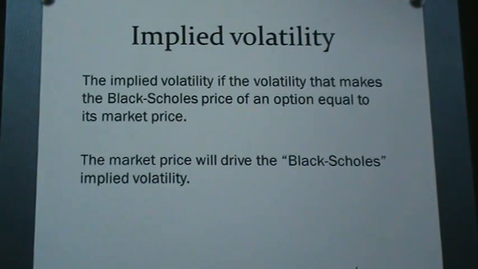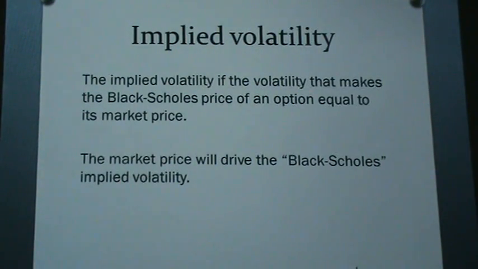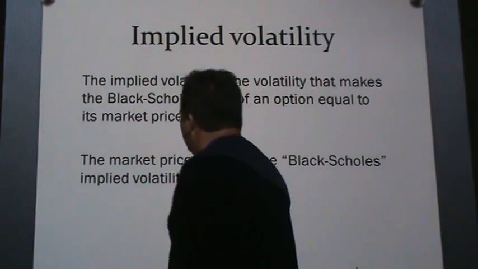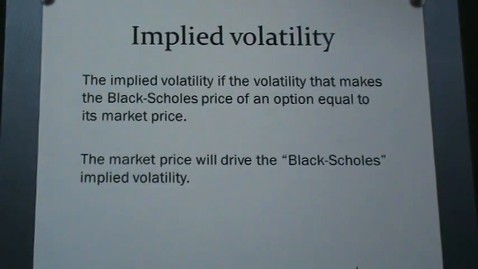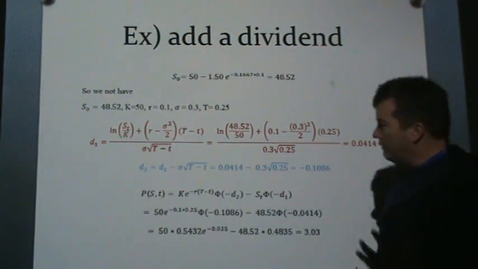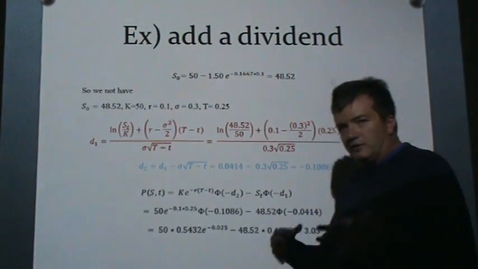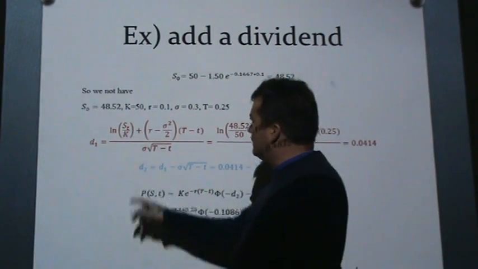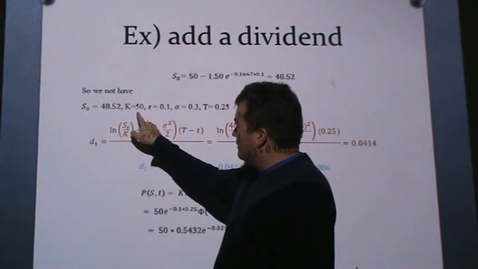Okay, so all of the parameters we use to do this calculation are real-world parameters that we can just get. We know what the stock price is. We know what the strike price is.